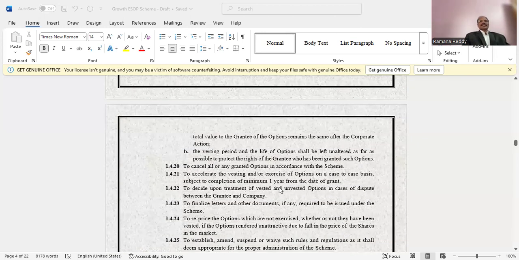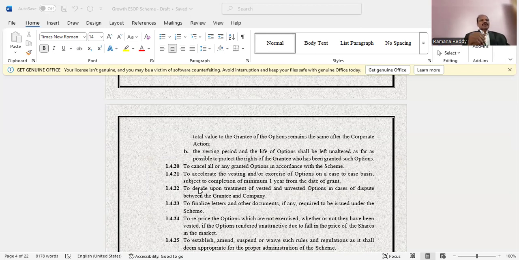To cancel, the committee has the power to cancel all or any granted options in accordance with the scheme. To accelerate the vesting and exercise of options on a case-to-case basis, subject to completion of a minimum of 1 year from the date of grant. That is the minimum vesting period.